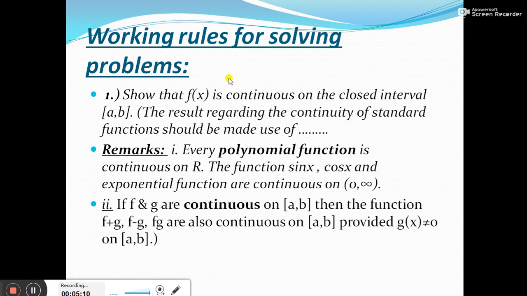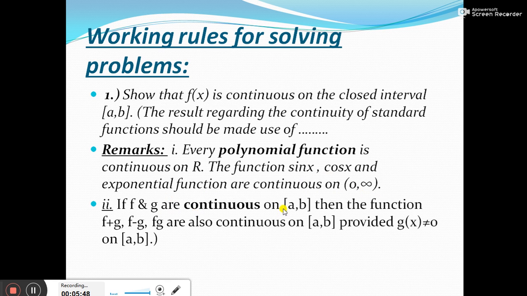And now we have the working rule for solving Rolle's theorem. First of all, show that f(x) is continuous on the closed interval [a, b]. Regarding the continuity, the standard functions should be made use of. That means every polynomial function is continuous on R. The sine function, cosine function, exponential functions are continuous on the open interval 0 to infinity.